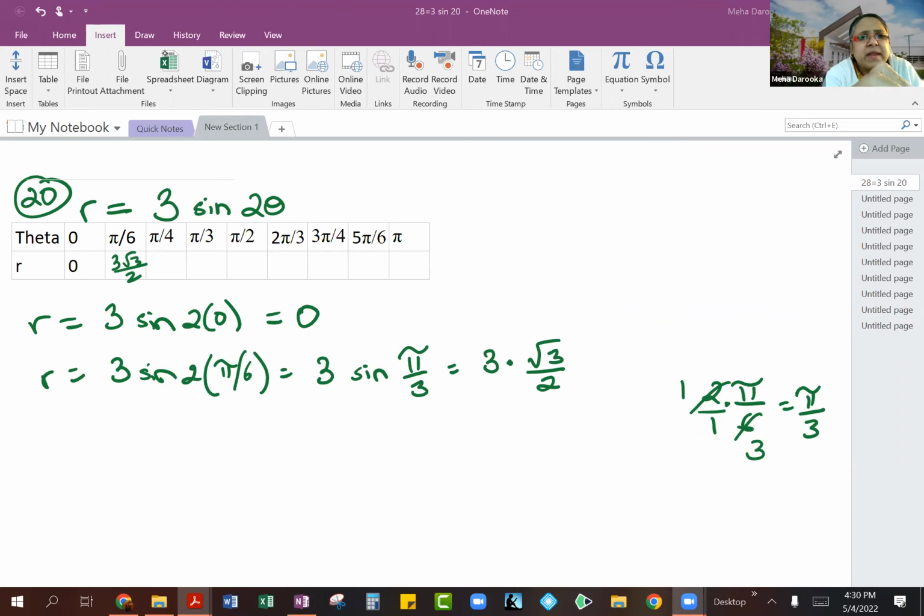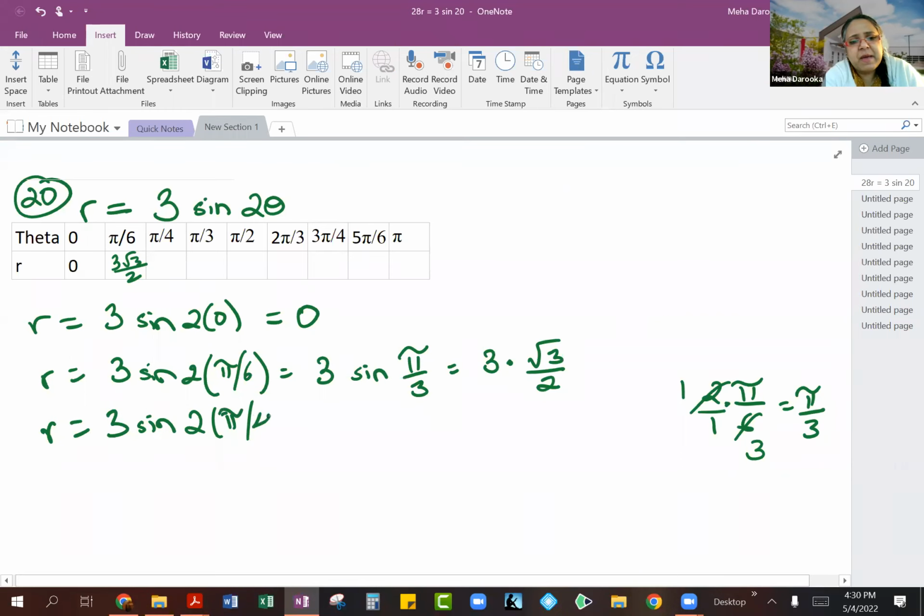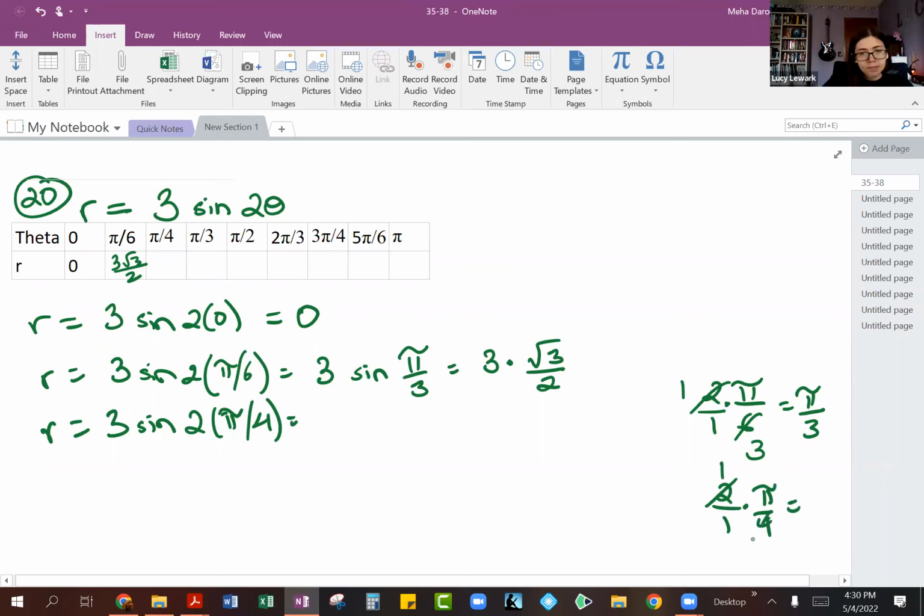What will we end up with for pi over 4? Because again, you will have to simplify pi over 4 being multiplied by 2. So as you can see, that will end up becoming pi halves.